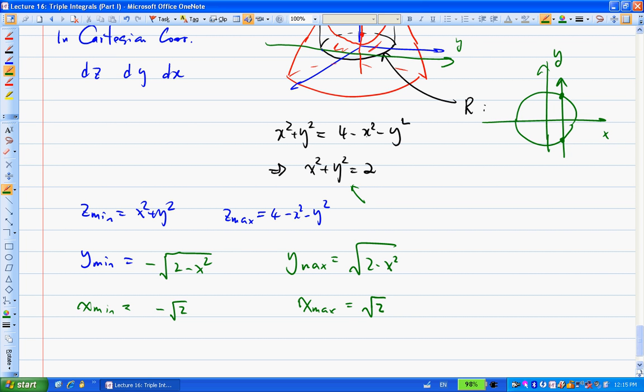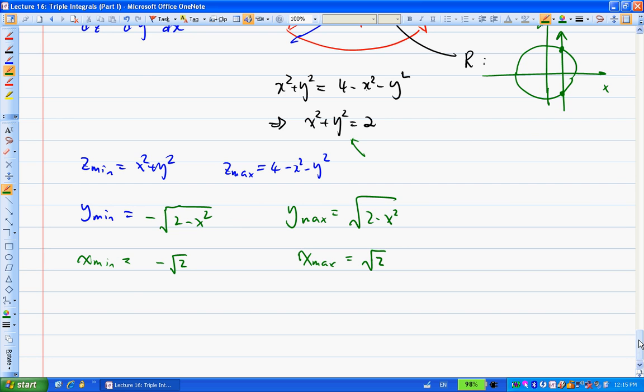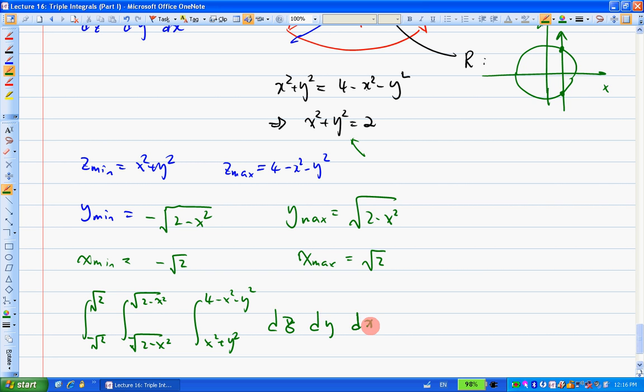Okay, so once you figure that out, you need to carry out the triple integral here. If I carry this triple integral out, let's see how complicated it's going to be. Okay, that's the layout.